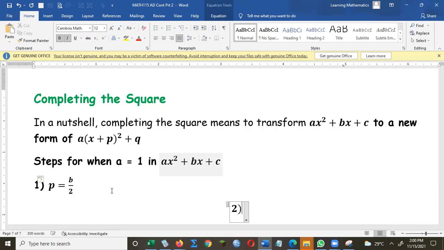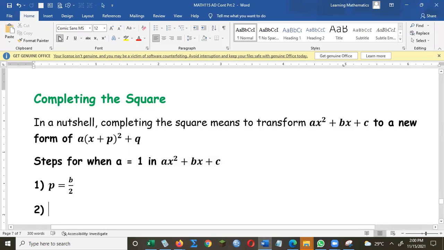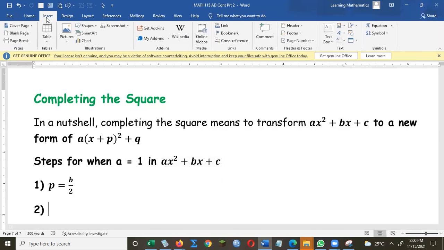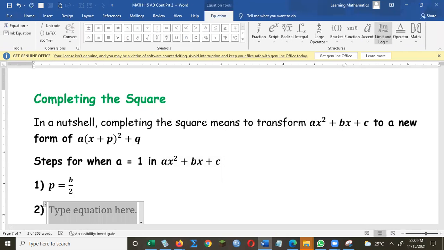Second step. You want to find what q is. So let's go to q now.